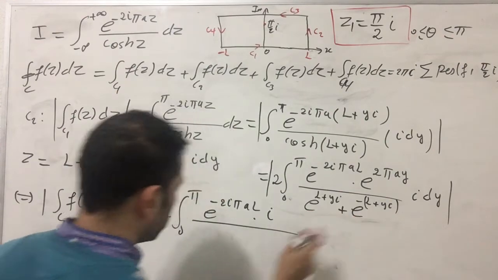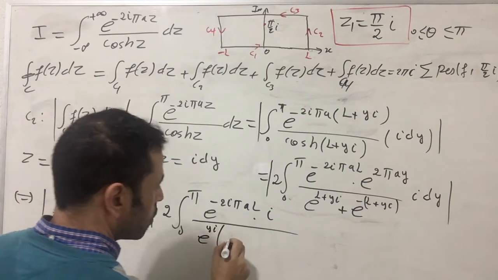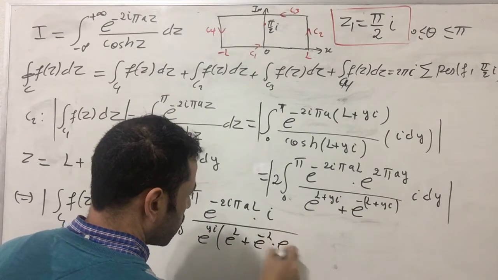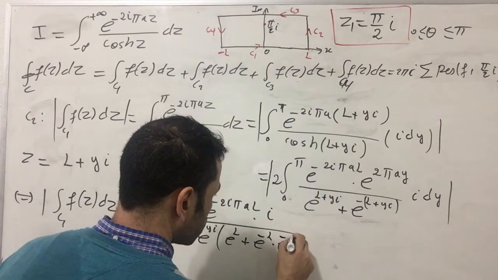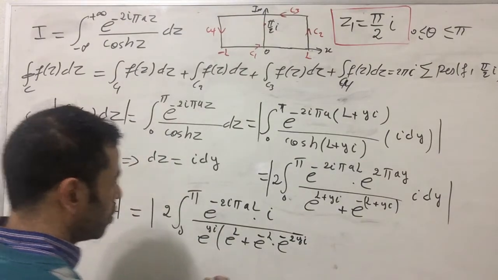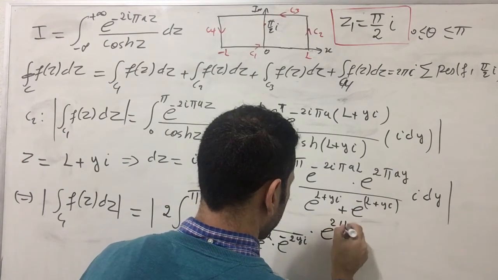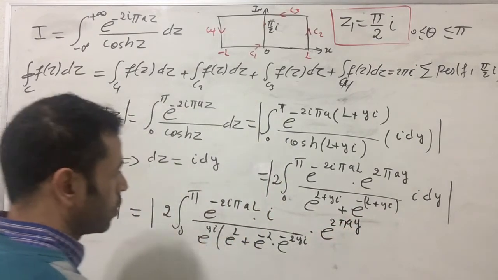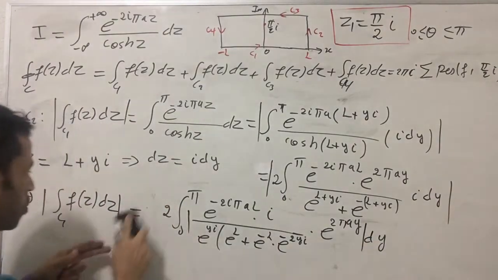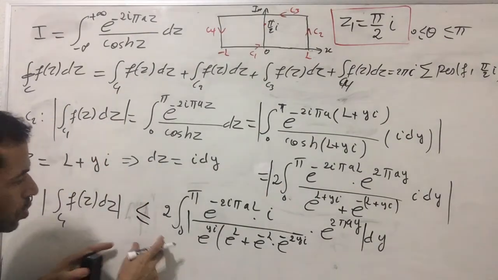I'm going to factor out this one, so I will have e to the yi multiplied by e to the L plus e to the minus L multiplied by minus 2yi, multiplied by this one, e to the 2 pi a y dy. If I'm putting absolute value here, this will be inferior or equal to this one. Now I'm going to this one.